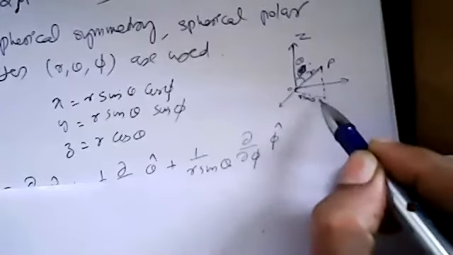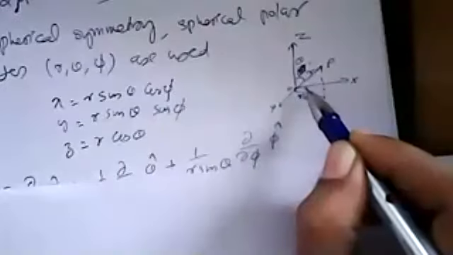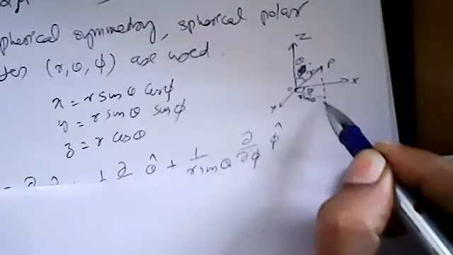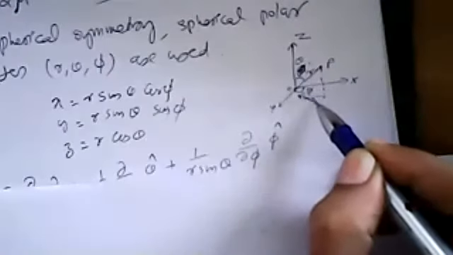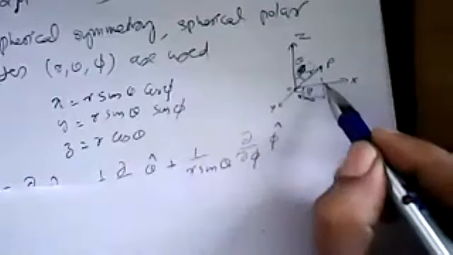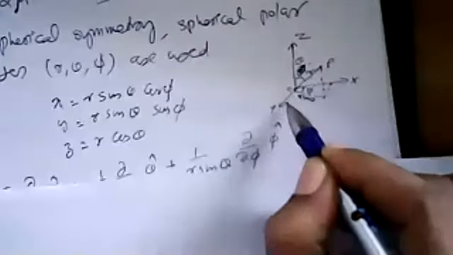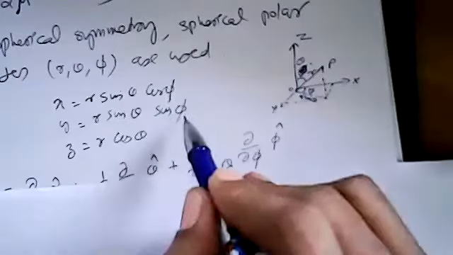Now this r sin theta again you can resolve in the x and y directions. Suppose this angle is phi, then the projection of r sin theta on the x-axis is r sin theta cos phi, and the projection on the y-axis is r sin theta sin phi.